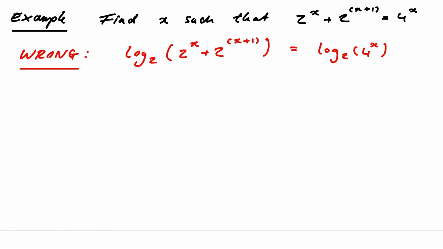So that's true. But the problem now is you can't simplify this. So this cannot be simplified. Cannot be easily simplified. Oh my goodness.